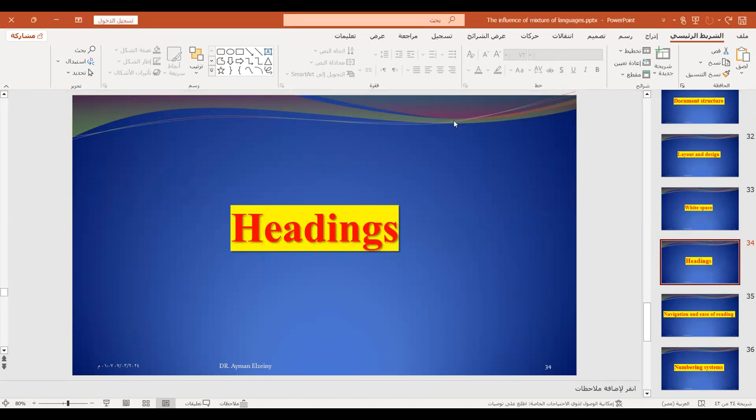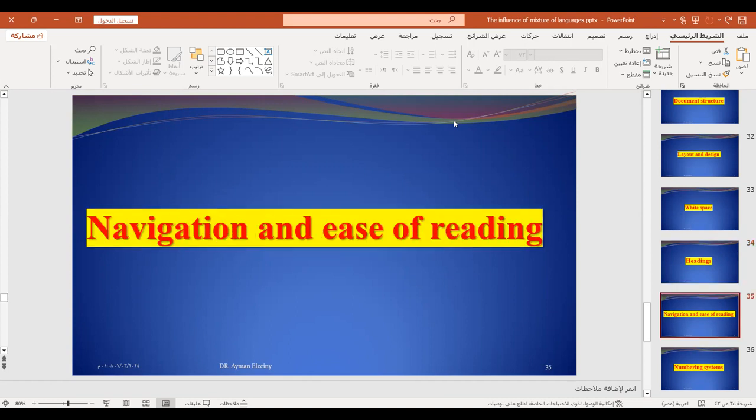Layout and design. One of the most important points in this regard is navigation and ease of reading. If possible, use signposting techniques. What signposting techniques?